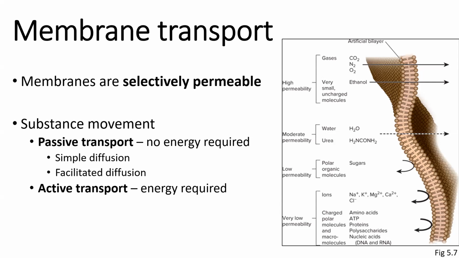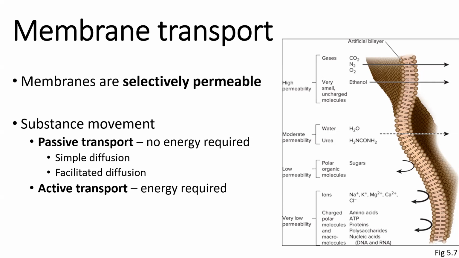So we're going to talk about the movement of substances, and we divide the movement of substances into passive transport processes, which require no energy, and active transport processes, which require energy. There are subcategories that you find under passive transport. Those are simple diffusion and facilitated diffusion.